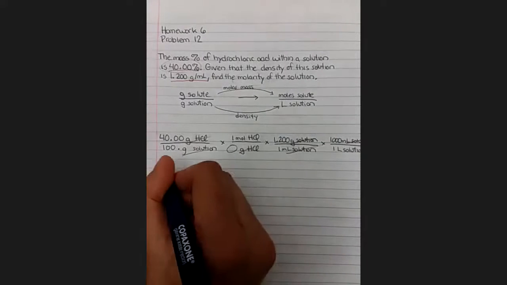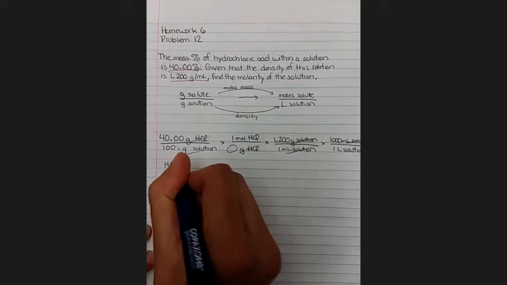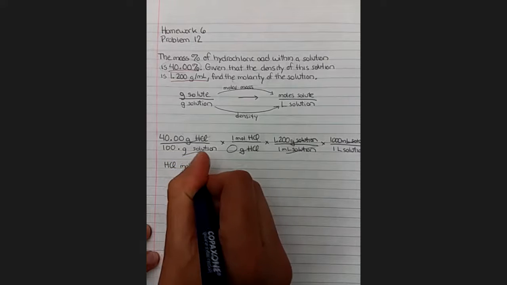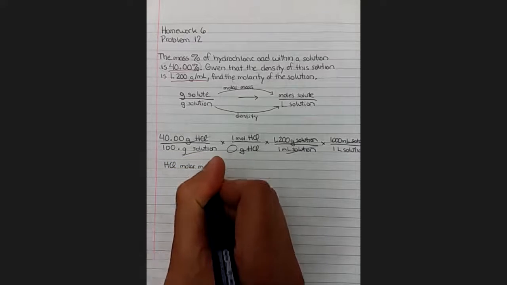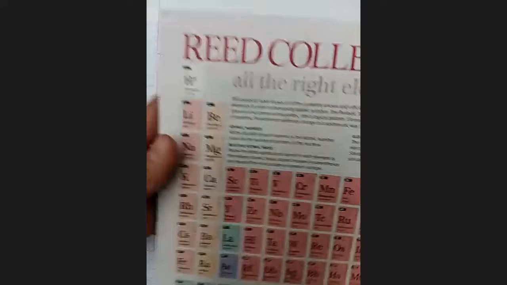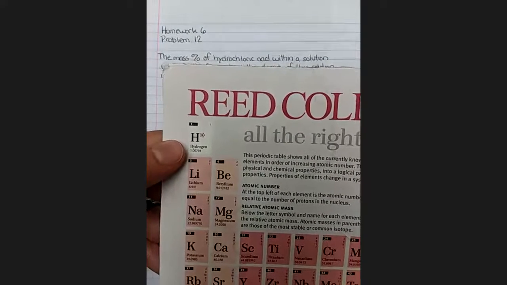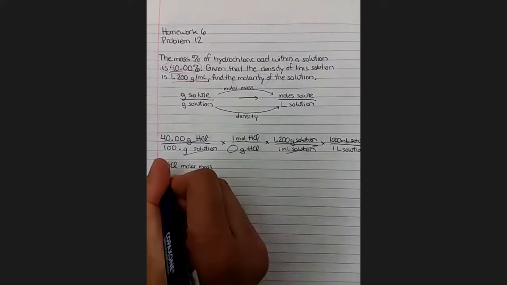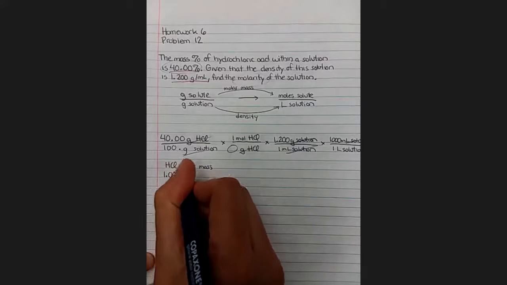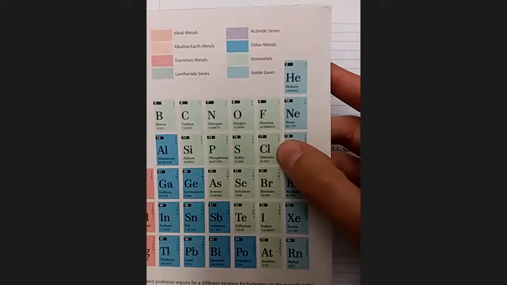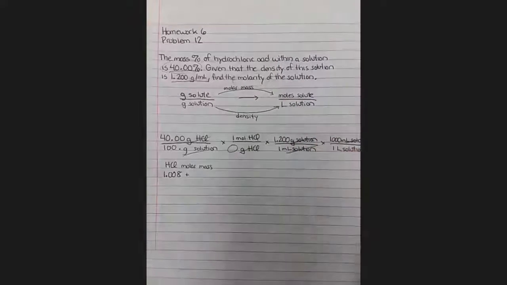We need the molar mass. Okay. So we need hydrogen, 1.008, plus chlorine, which I think we just did, 35.453.